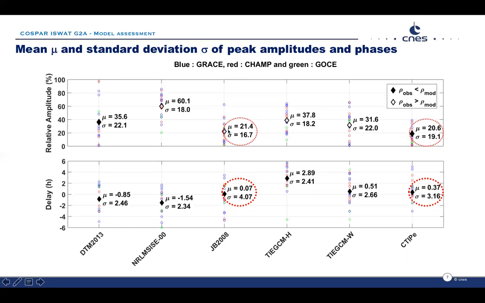And in this case, JB08 is underestimating by 21% on average. And the best first principles model in this case is CTIPe with a 20.6% overestimation and a delay of about 0.37 hours off.